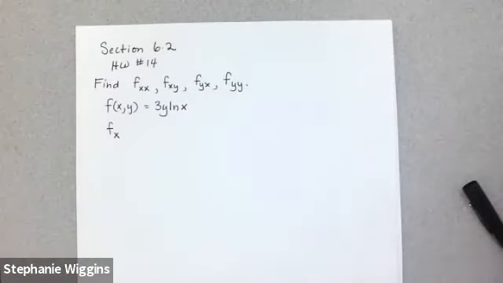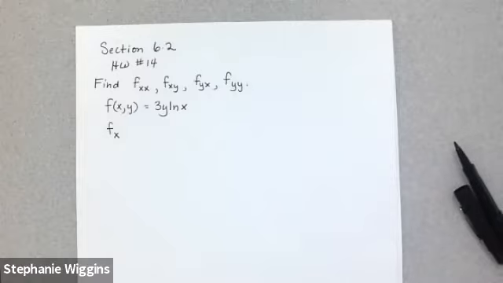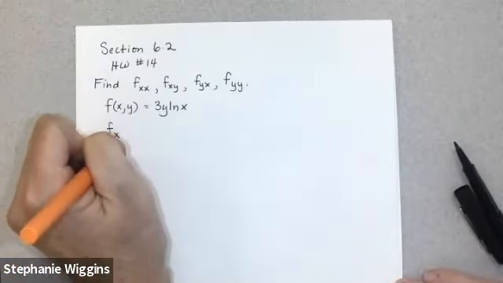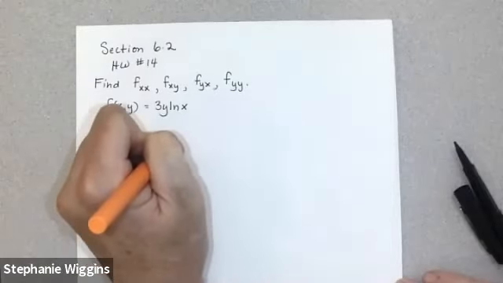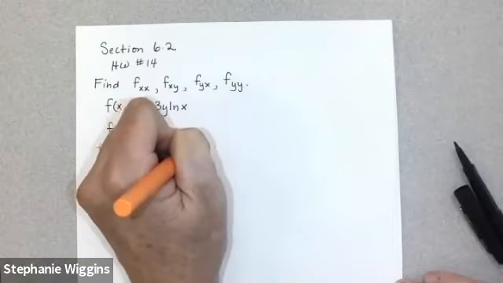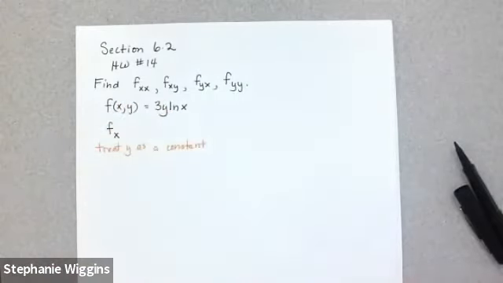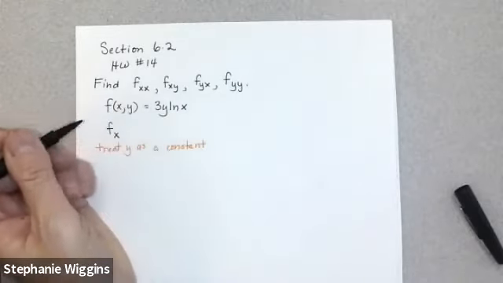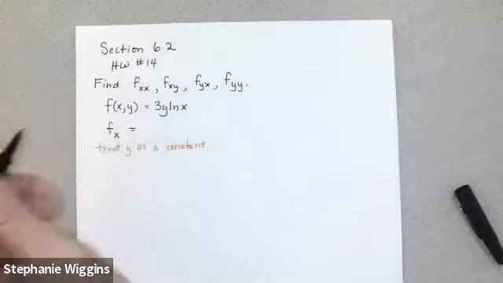I'm going to hold my y constant. And remember the rule for differentiation, there's the constant multiple rule. So since I'm treating y as a constant, I can bring that out of the derivative.